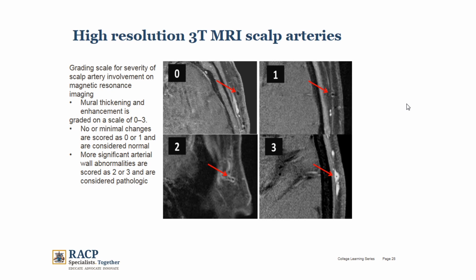High resolution 3 Tesla MRI of the scalp artery can be quite useful in diagnosing giant cell arteritis, particularly with gadolinium enhancement. There is increased enhancement, as you can see, typical of inflammation in the high resolution scans.